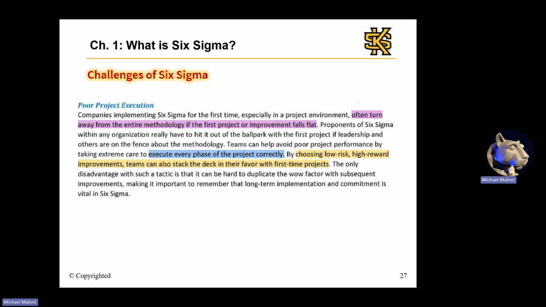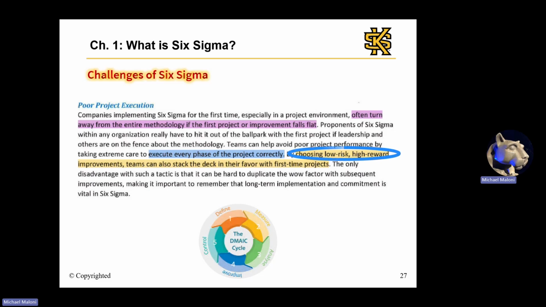So an underwhelming project can be extremely deflating. But teams can improve the chances of Six Sigma success by executing the DMAIC project phases correctly and rigorously, as well as choosing low-risk, high-reward improvements for the first-time projects.